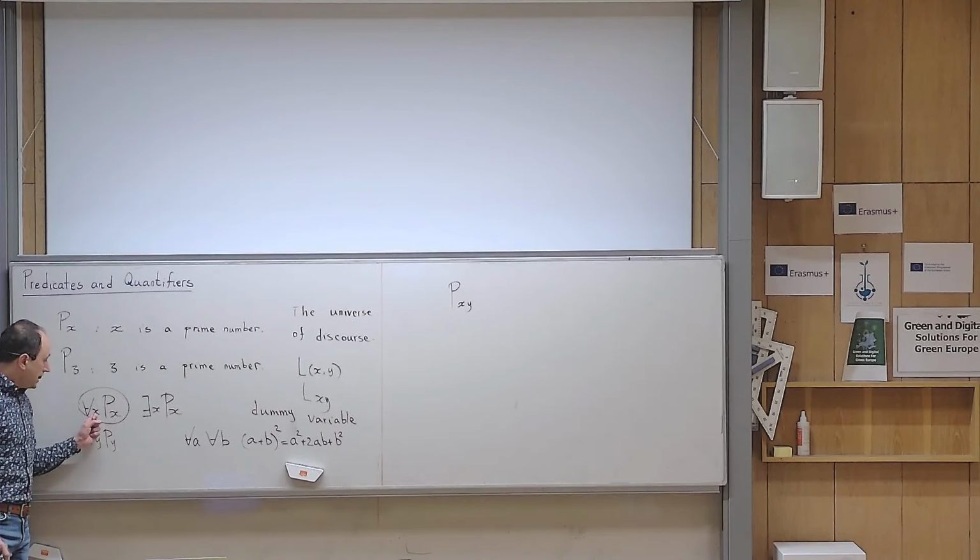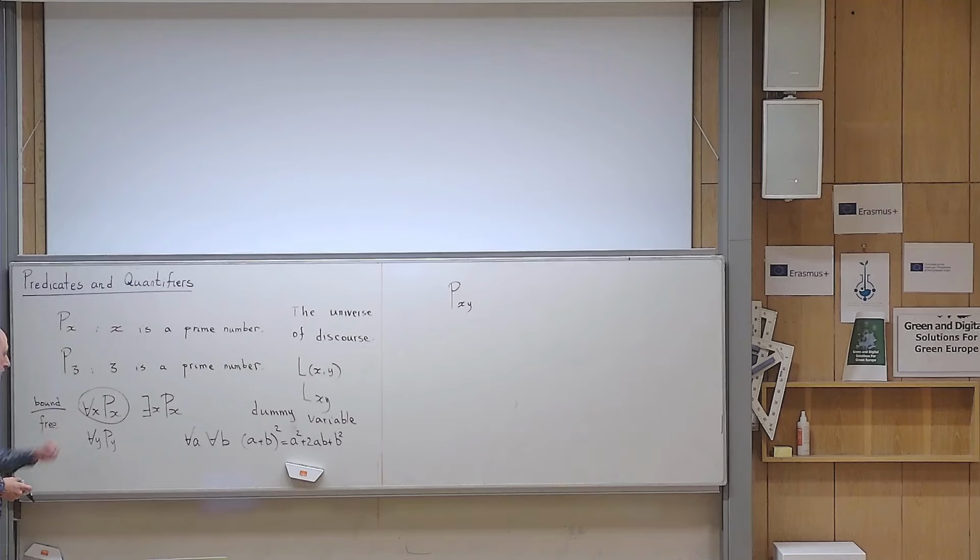If you have a variable coming immediately after a quantifier, that is called a bound variable, bound by the quantifier. Okay, but now, if the variable is not bound, it is called free. These are the terminologies I want to use to make it easier to refer to when I am teaching. Okay, so this is a bound variable.